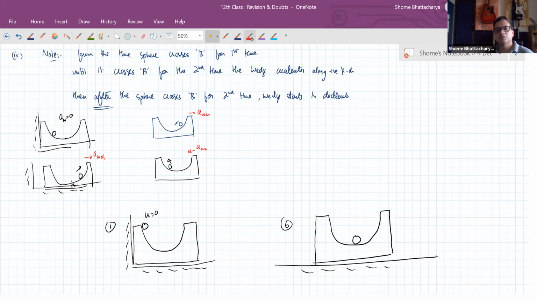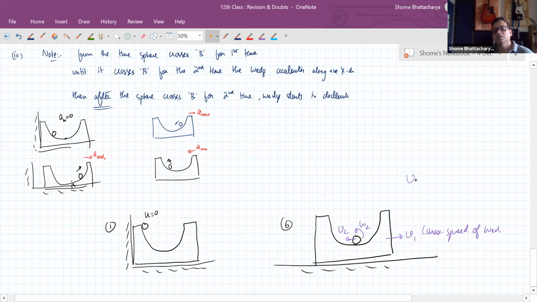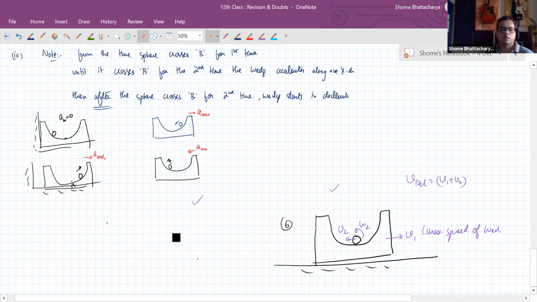So in the sixth diagram, this speed, let's take as V1, this is the maximum speed of the wedge. And let's take this in ground frame only to be V2 and this to be omega 2. So V relative is actually V1 plus V2. Okay. And now let's compare this and this. Oh, sorry, we cannot compare this and this because momentum will not be conserved. Only energy will be conserved.